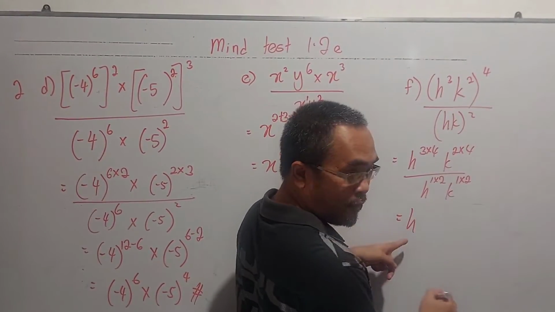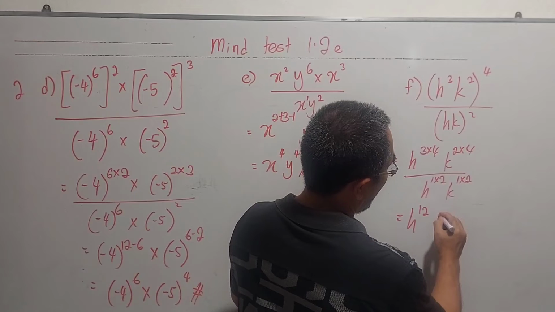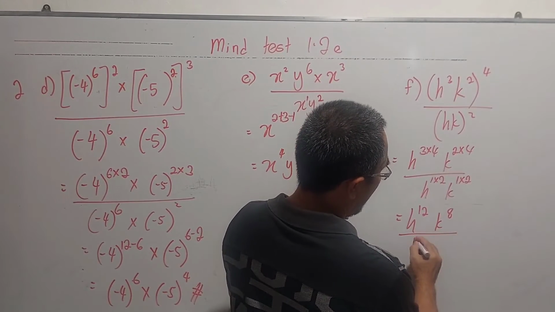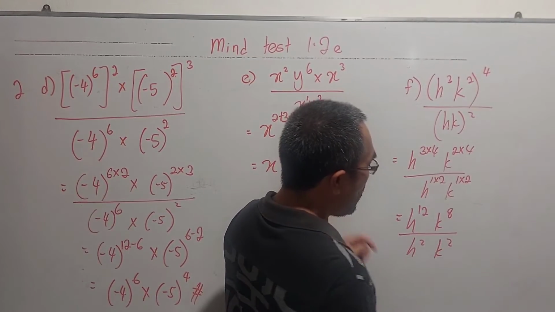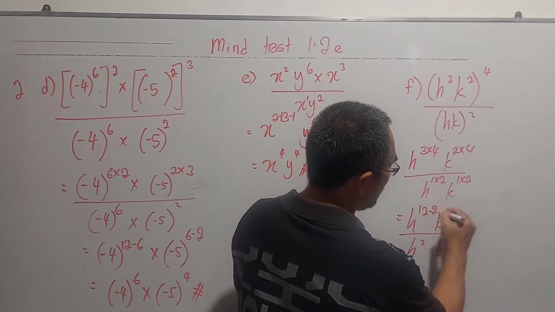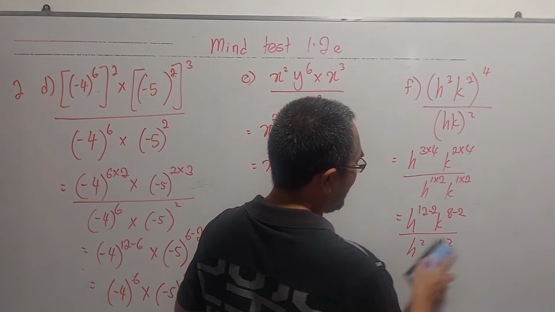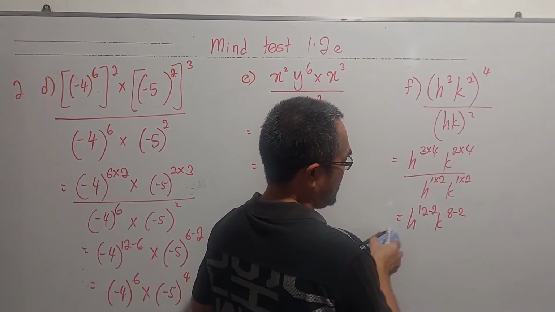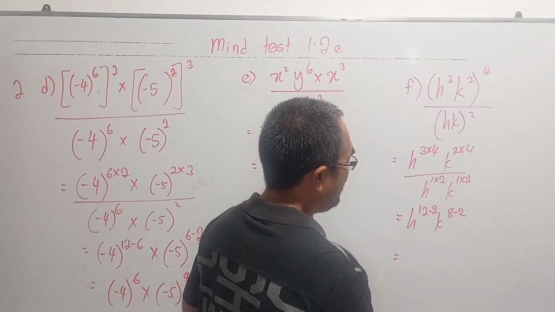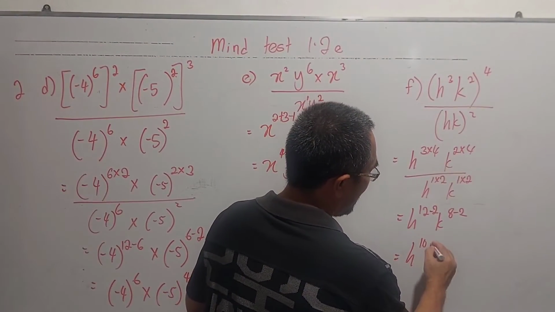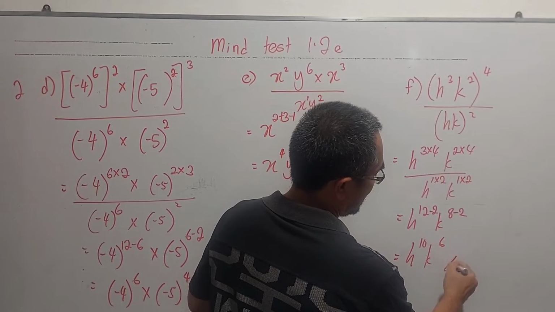You can go straight to here, and then K power 8, H power 2, and then K power 2, or you just minus here 2 minus 2, and then you don't have to write this to make it simpler. Okay, H power 10, K power 6.